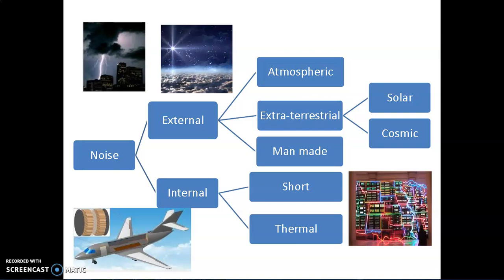Man-made noise comes from automobile ignition, aircraft ignition, electric welding, leakage from high voltage line, etc. Internal noise is due to various electronic components used in the communication system and is internal to the system. Examples are shot noise, thermal noise, white noise, low frequency noise, high frequency noise, etc.